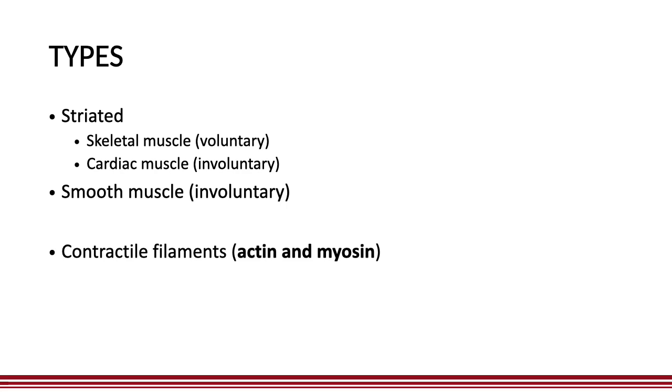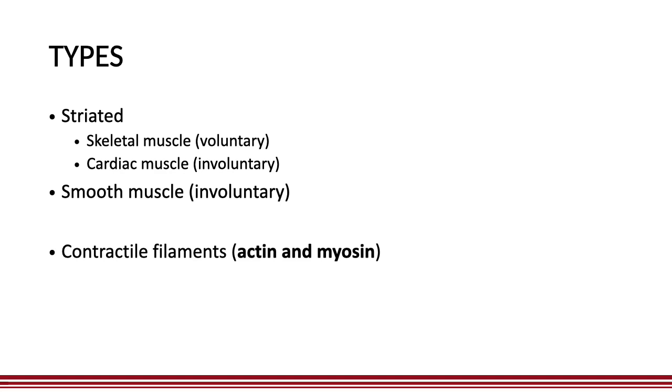Skeletal muscles are attached to bones and are responsible, as we know, for the movement of the body. Cardiac muscle is found only in the heart and is responsible for pumping blood throughout the body. Both types of striated muscle, whether skeletal or cardiac, are composed of long cylindrical cells called muscle fibers. They also go by the name of myofibers.